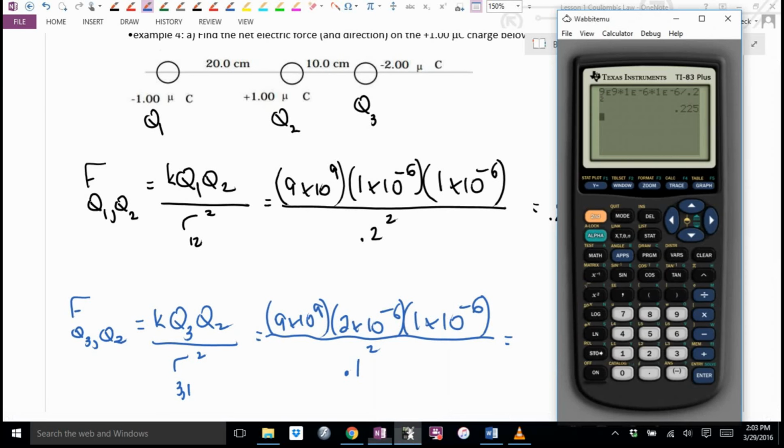If I go to my calculator, I'll get 9 times 10 to the 9th times 2 times 10 to the negative 6 times 2 times 10 to the negative 6 divided by 0.1 all squared. And I get 3.6, is that right? No, I'm wrong. I typed this wrong. I've got a 2 there. I shouldn't. Do you get 1.8?